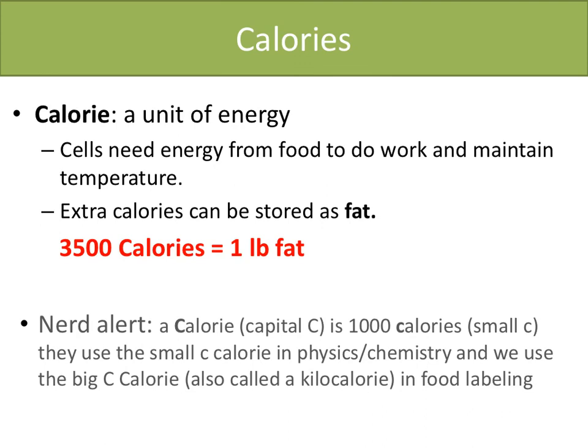Now, these are called actually kilocalories. In other words, what we've referred to in this is kilocalories. That means 1,000 calories versus 1. So if you ever look at the food label, the big C, they're referring to kilocalories and not single calories.